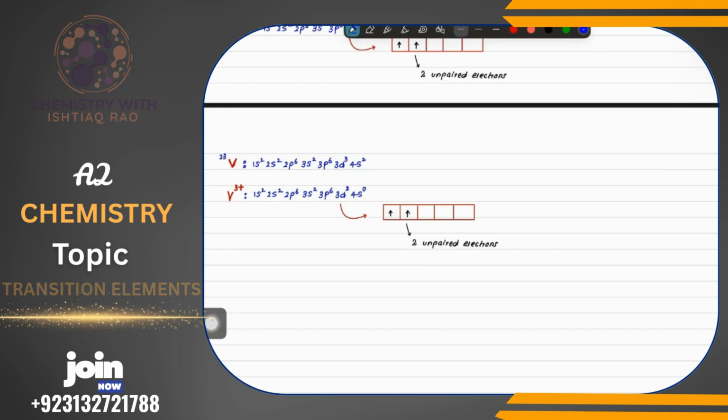Sir, yes, it is. So basically, it's in a d orbital, in the d block elements. It's a d block element, but I'm asking, is this a transition element or not? There is a difference between a d block element and a transition element.